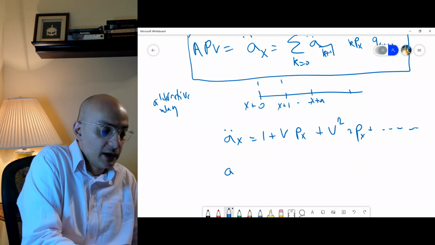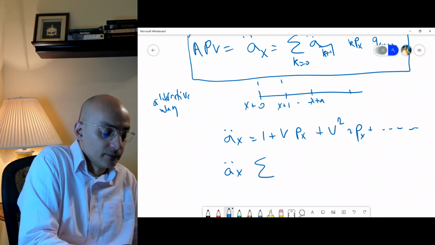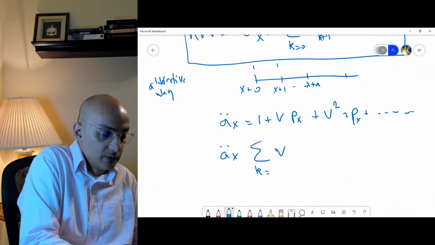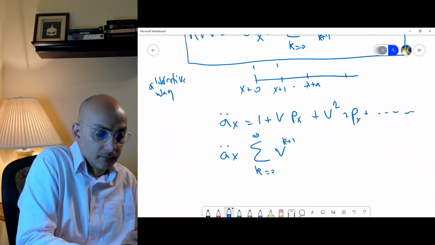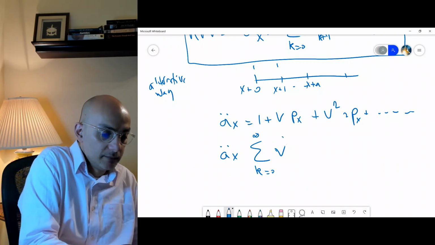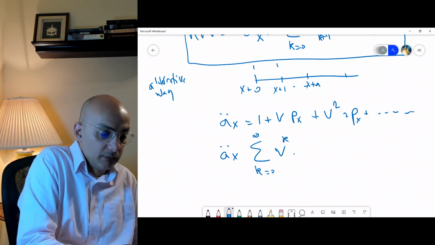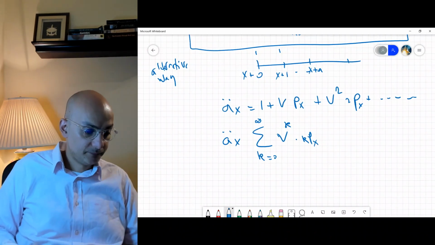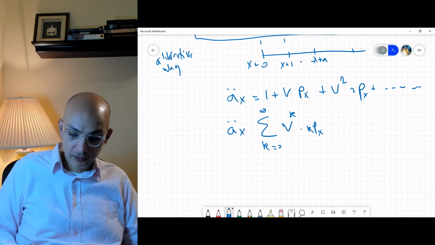You can summarize it also: ax equals the summation from k equals 0 to infinity of vk multiplied by kpx. That's an alternative way to do it.